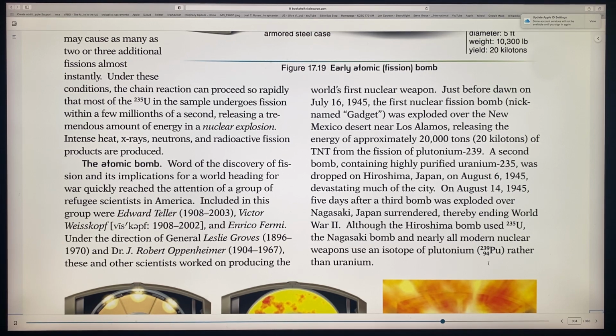And then, of course, Japan surrendered, ending World War II. So Hiroshima and Nagasaki came from this investigation. And now nearly all modern nuclear weapons look towards uranium and plutonium, and now most of them are focused more on plutonium rather than uranium.